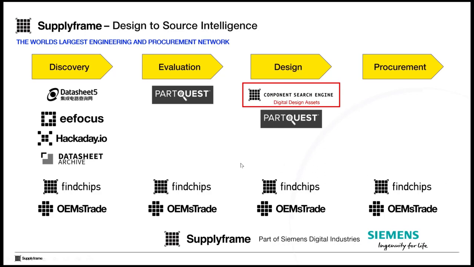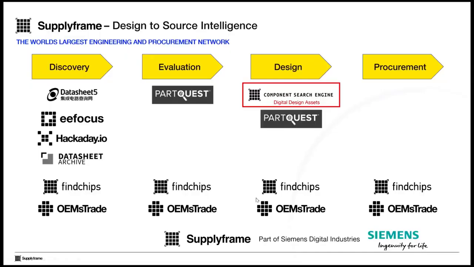And across the entire journey, you also need to make sure that the parts you're using in a design are available, compliant, can be procured, and that the pricing is right. For that, we have websites like Find Chips and OEMsTrade, where you can get this kind of information.